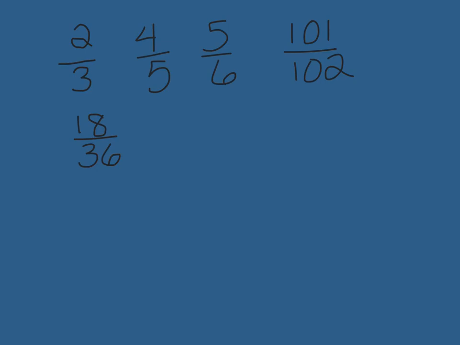Because if it does, that's the easiest way to do it. 18 goes evenly into 36, so I can figure that out by just dividing them both by 18. So 18 divided by 18 equals 1, and 36 divided by 18 equals 2. So that reduces to 1/2.